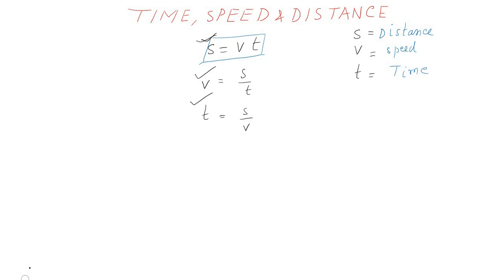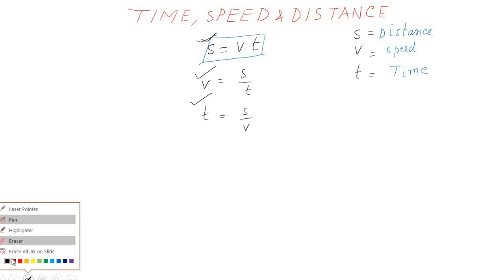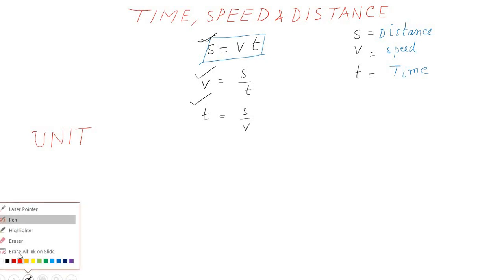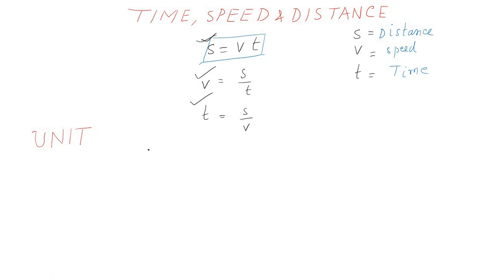Moving on to the next topic, the units of time, speed and distance. If we talk about distance first, distance equal to Vt has the units kilometer, or it can be meter.